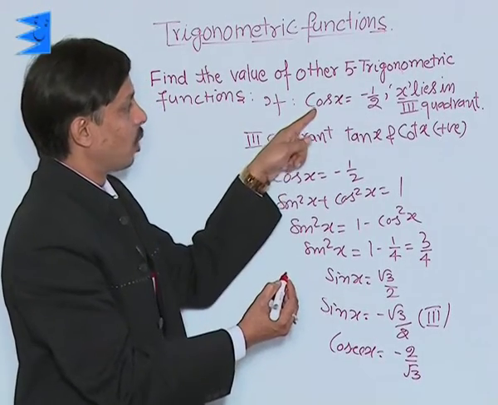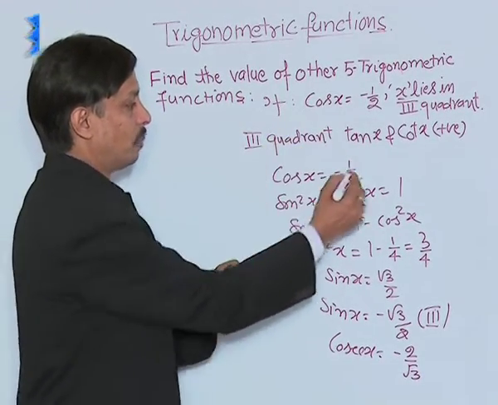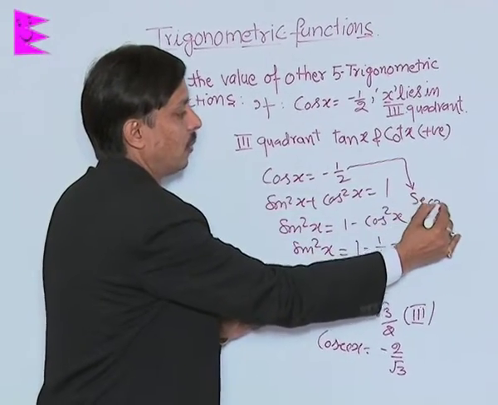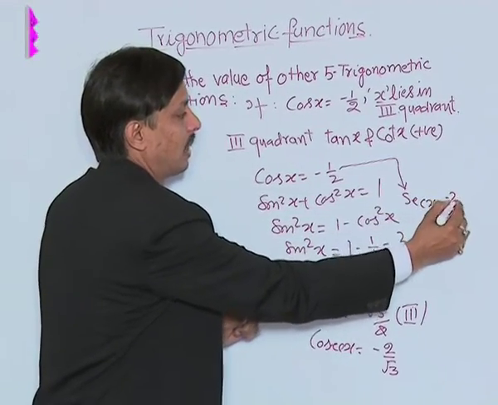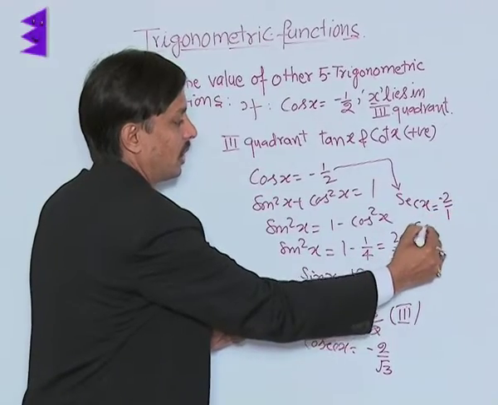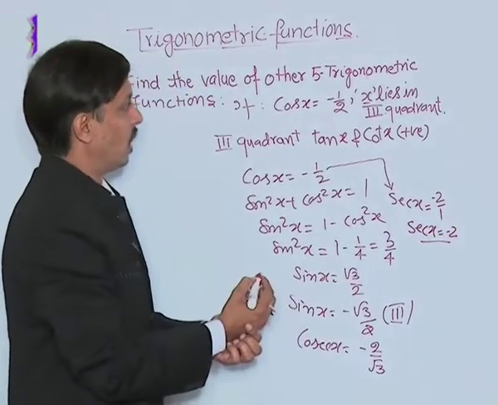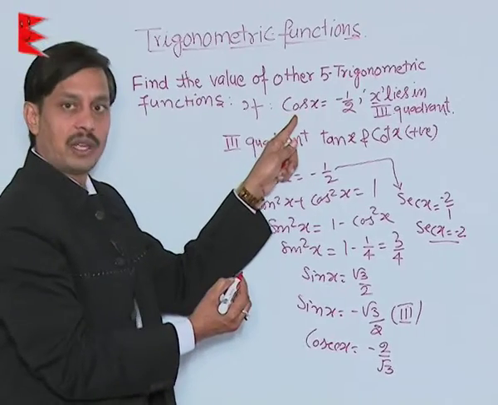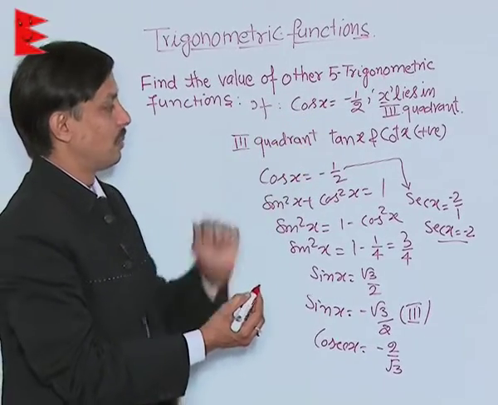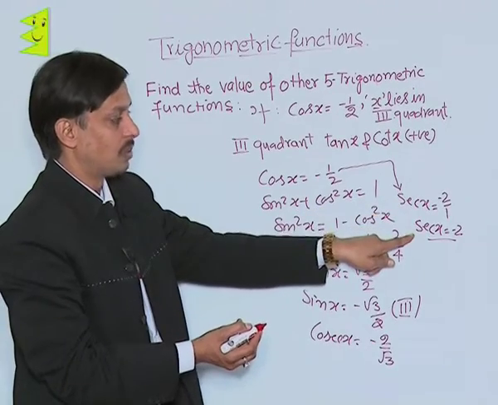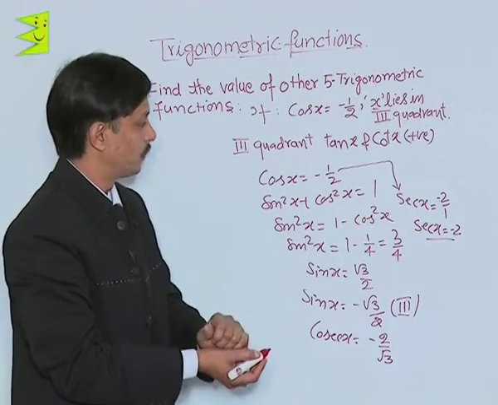Now, as given, cos x is minus half, so with the help of cos x, we can say the value of sec x is minus 2 upon 1, that is, the reciprocal of cos is sec, that is minus 2. One of the trigonometric ratios, cos x, is minus half, so with the help of cos x we have obtained the value of sec x, minus 2.